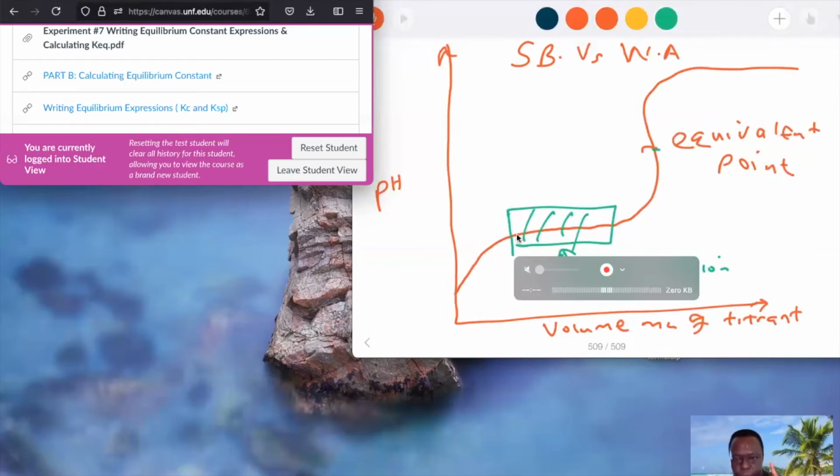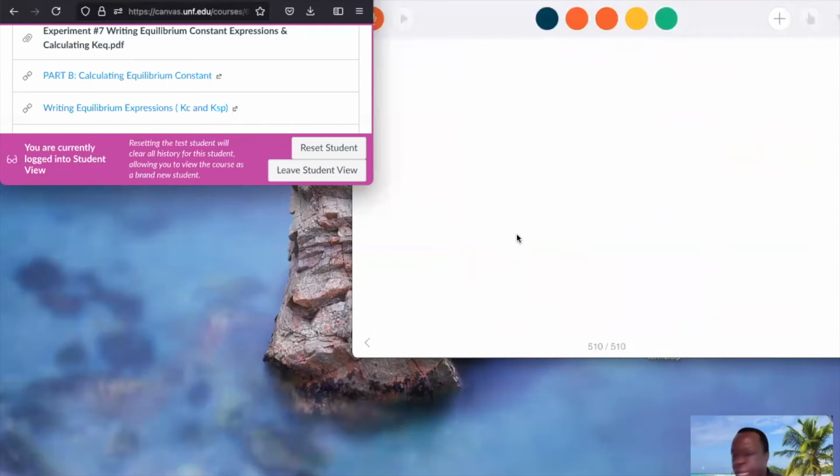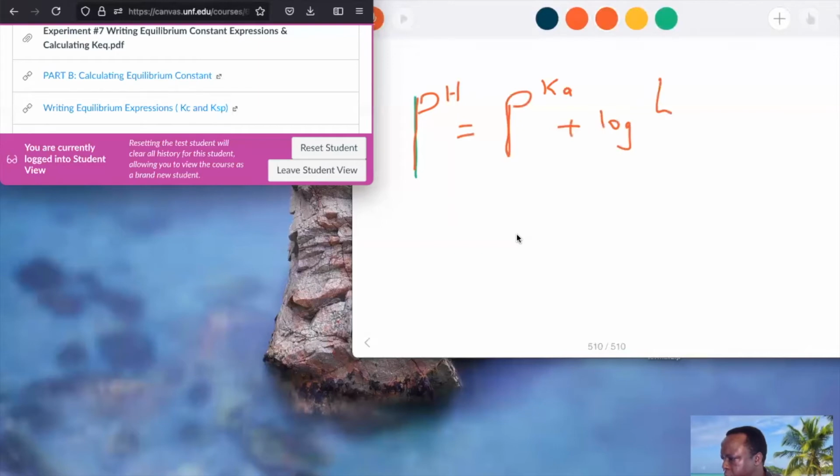It turns out that from the Henderson-Hasselbalch equation, you know the Henderson-Hasselbalch equation, the pH of the solution is determined from pKa plus log of the weak base over the weak acid.